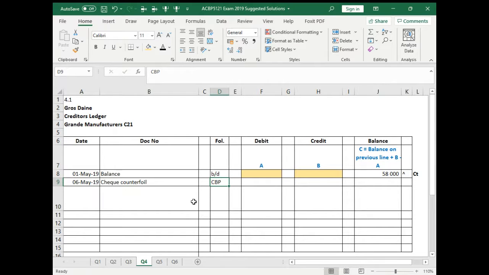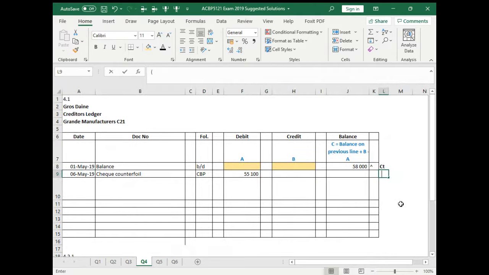Now, because we received a 5% discount, our payment would have been calculated. Just going to make it slightly smaller.